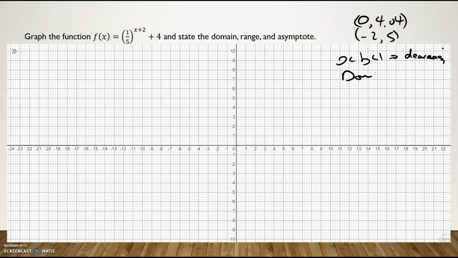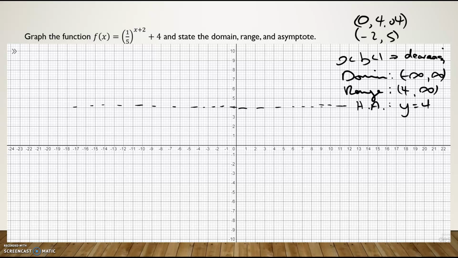Our domain goes from -infinity to +infinity. Our range goes from 4 to +infinity, and our horizontal asymptote is y is equal to 4. Okay, so right here, y is equal to 4.